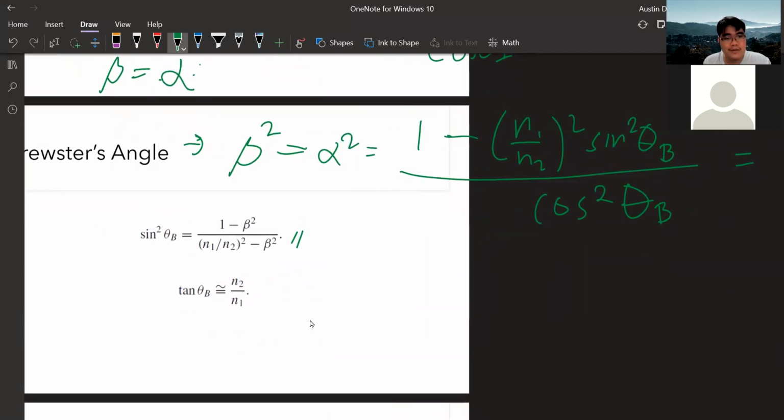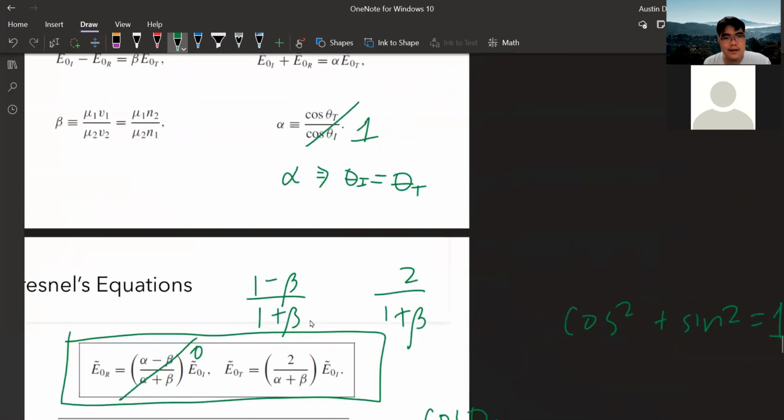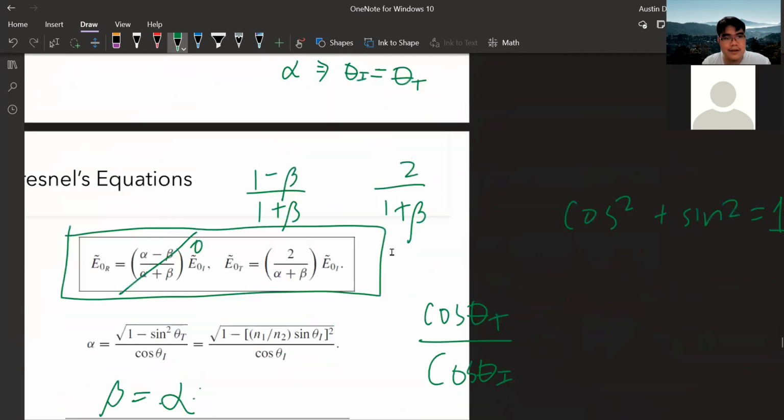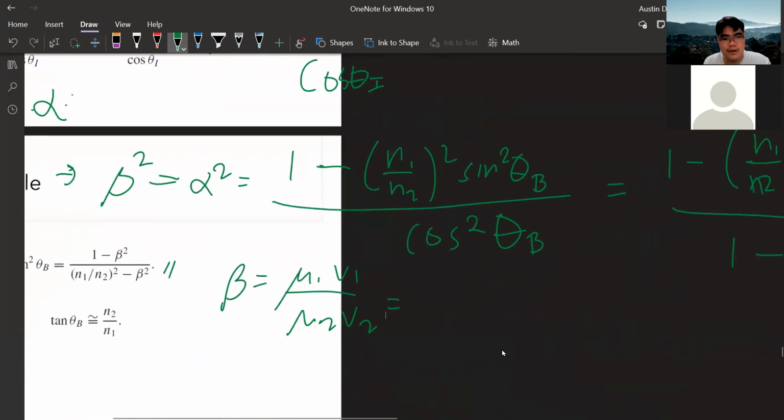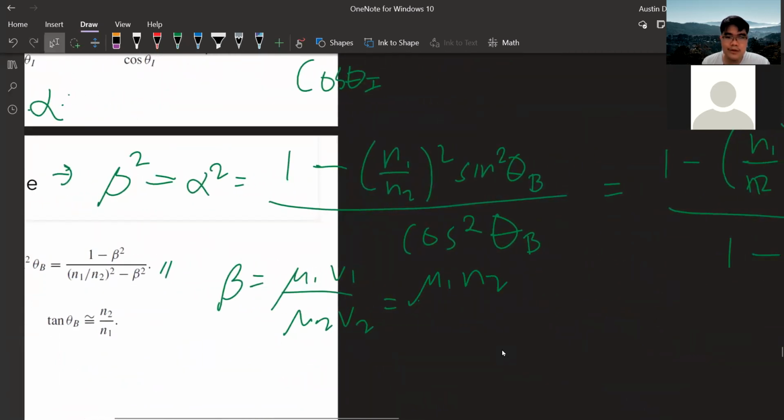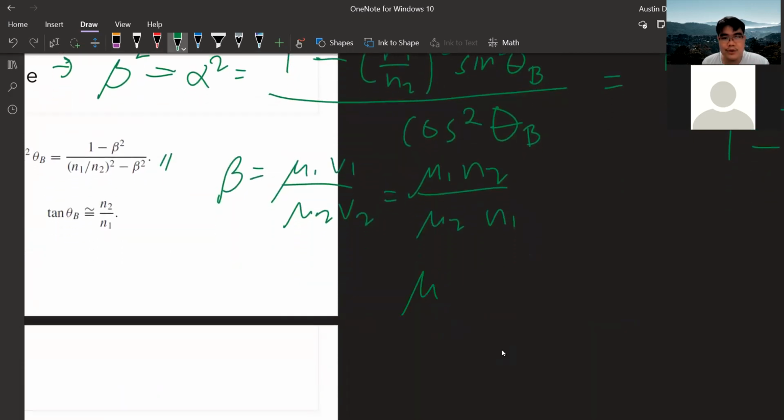Then again, for most materials, beta is mu1 v1, mu2 v2, and mu1 and mu2. For most materials, mu1 is approximately equal to mu2.